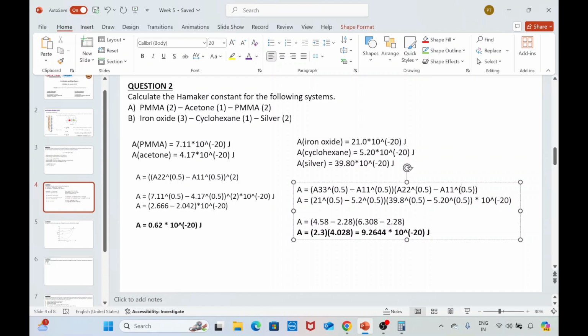Because if you see for silver, it is 39.8. And if you remember, in the previous live interaction session we discussed the Hamaker's constant value for gold, which, if I'm not wrong, was around 44 into 10 to the power minus 20 joules. So why do you think metals in general have a high Hamaker's constant compared to the other classes of material or other classes of solvents? Any ideas or thought process on why such a trend is observed?